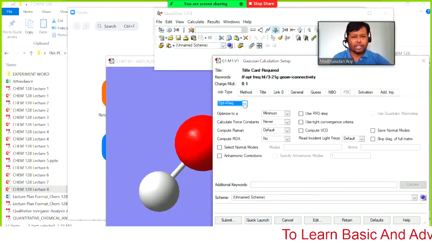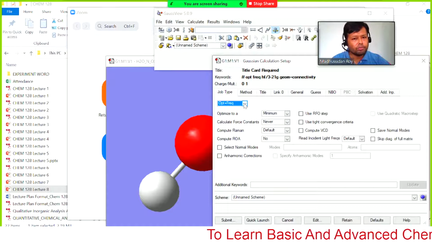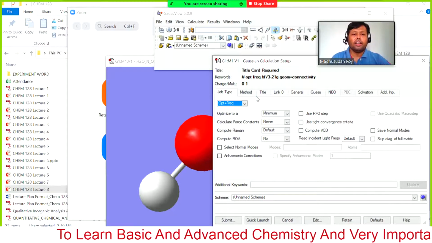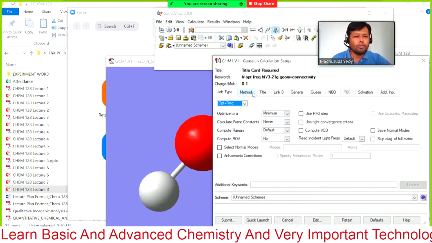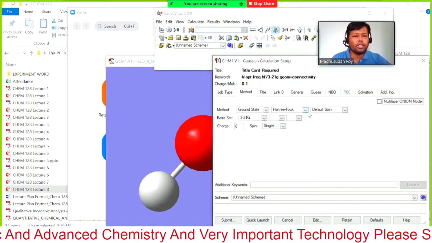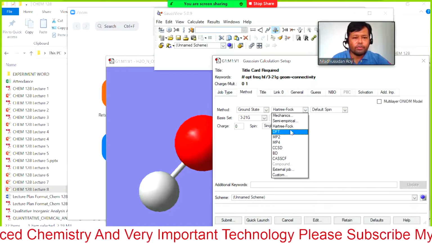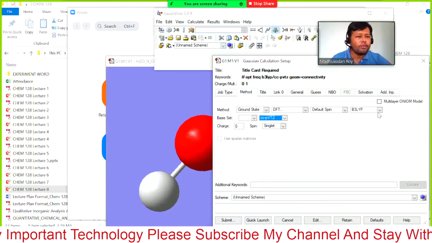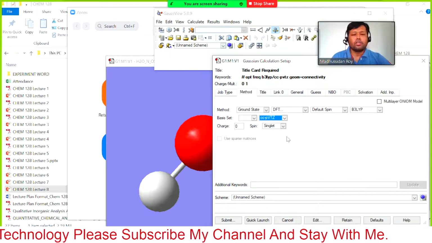So let's see, we will use the same keywords that we have used: optimization frequency, everything the same, and then the method, ground state, we have used DFT, and we have used the cc-pVTZ basis set, and we have used B3LYP.